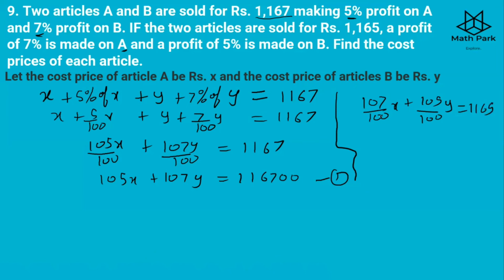No need to solve this again. So we get 107X plus 105Y is equal to 1,16,500. This is our equation number 2.